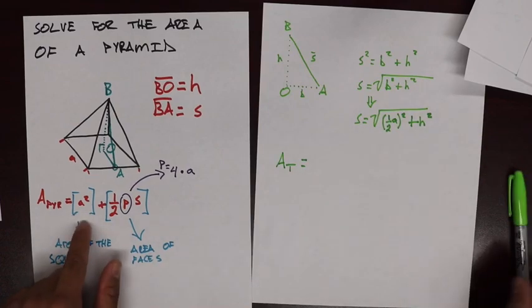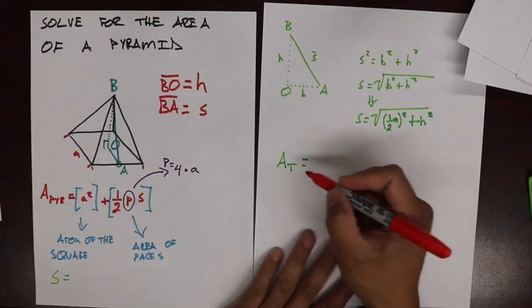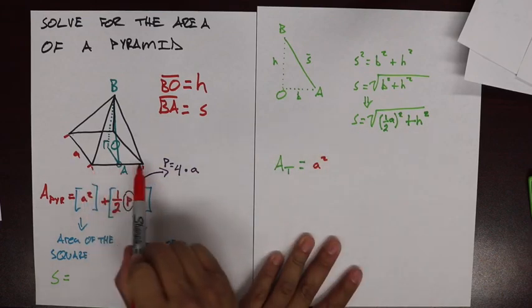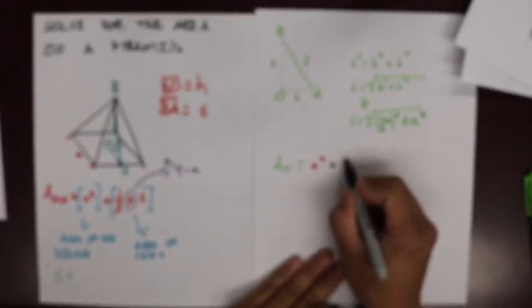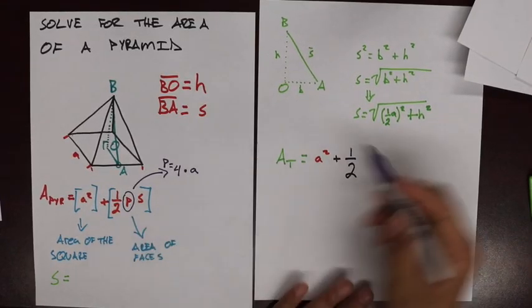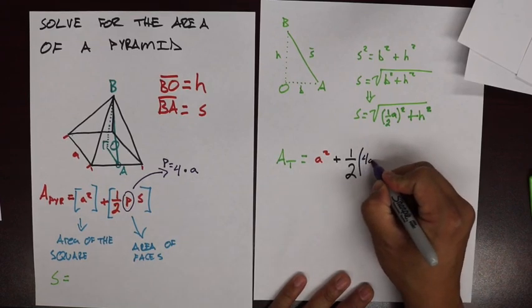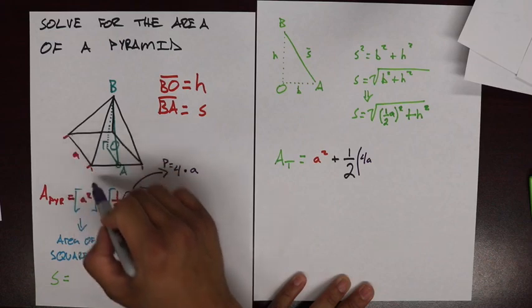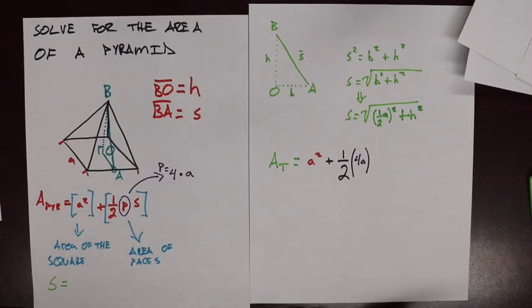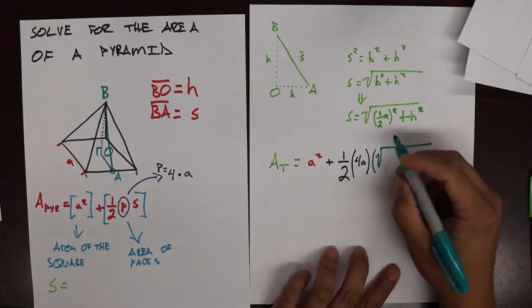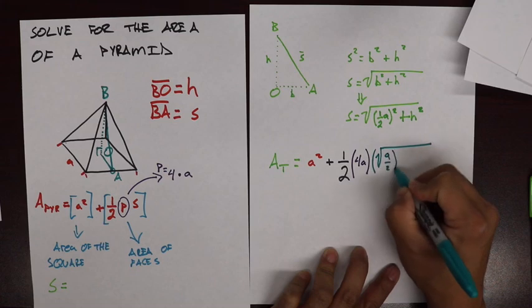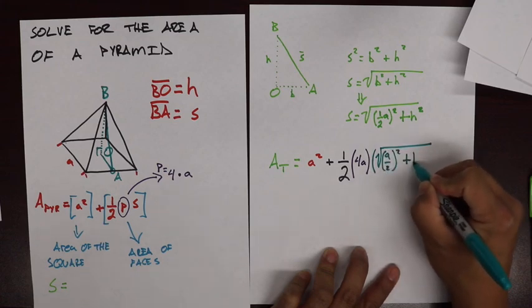So going back over here, we'll write it in red: the area of the square, A squared, because you're looking for the area of the square, plus 1/2 of the perimeter, which we know is 4A, 4 times the length of the side, times S, S being the square root of (A divided by 2) squared plus height squared.